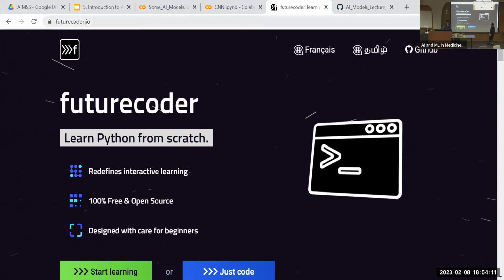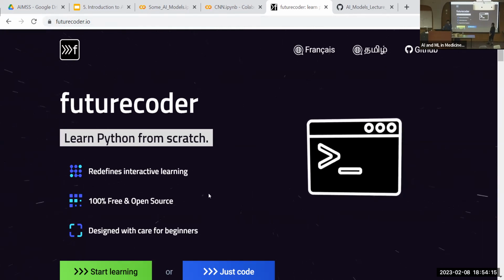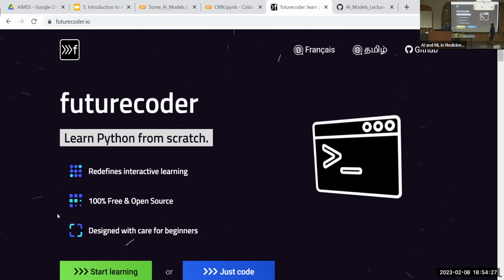It's futurecoder.io. Try and use this before they decide they don't want to do this for free, because some companies start with free and then at some point they say, you want the things you were using before, you have to pay this much per month, which, again, we understand is a business model.